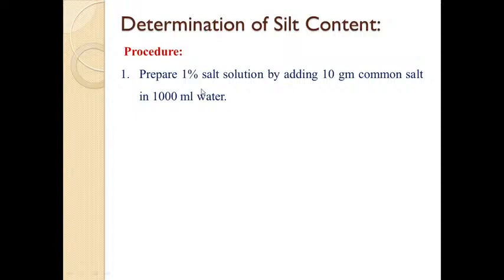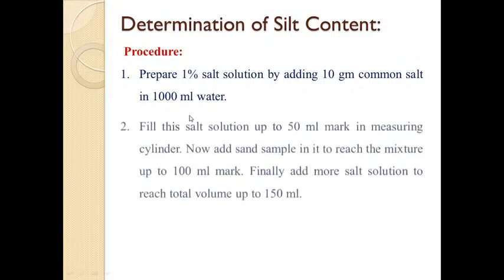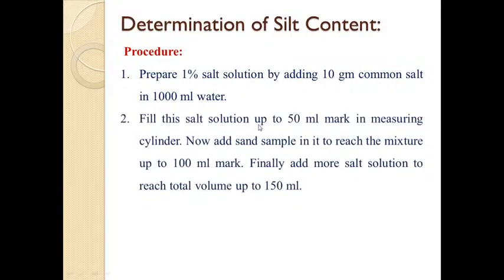Next, fill this salt solution up to the 50 ml mark in a measuring cylinder. Then add the sand sample in it to reach the 100 ml mark, and finally add more salt solution to reach a total volume of 150 ml.